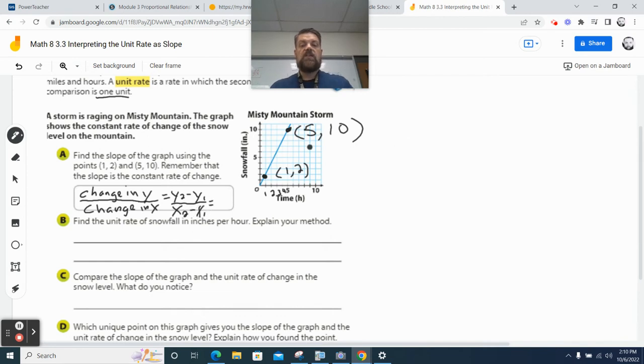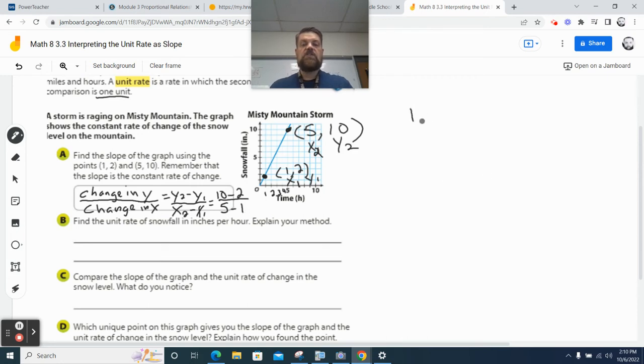We'll label this as x sub 2, y sub 2, and this is x sub 1, y sub 1. So that means I'm going to say 10 minus 2 all over 5 minus 1.